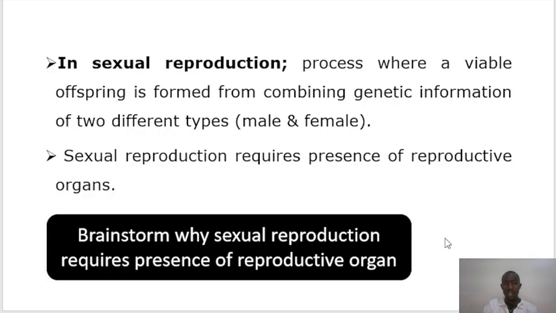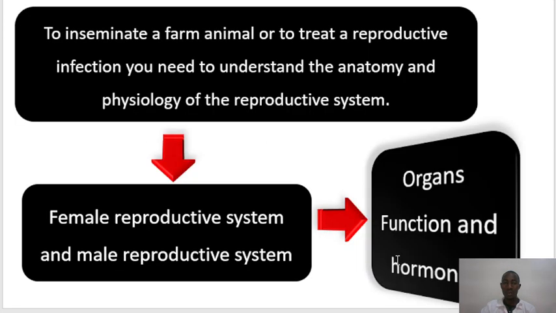Under sexual reproduction, we require these reproductive organs because they produce, for example, the female will produce the ovum, which is the egg cell, then the male will produce the sperm cells. For you to inseminate or to treat a reproductive infection, you must know the reproductive system anatomy and the physiology, and you must know each organ and the function and hormones involved.